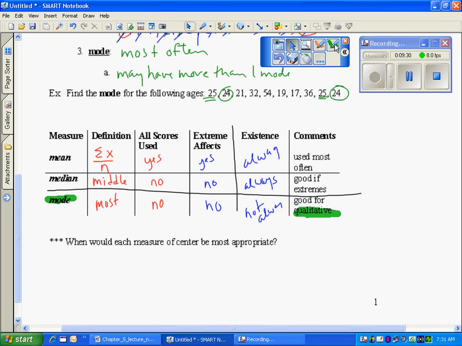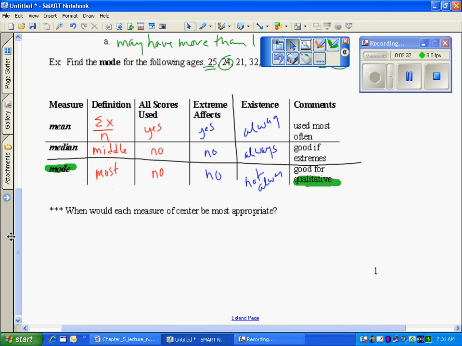So when are the measurements the most appropriate? If you look, the mean is going to be appropriate when my data is symmetric. The median is going to be appropriate when I have outliers, because it will eliminate those extreme values, and the mode is going to be used when I have qualitative data.